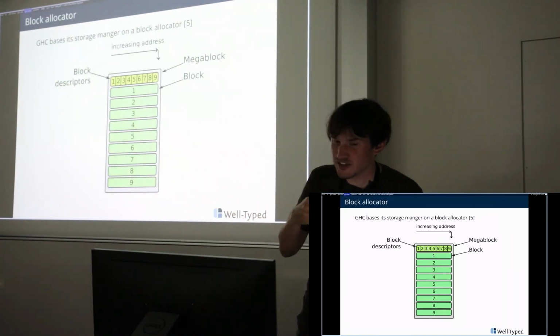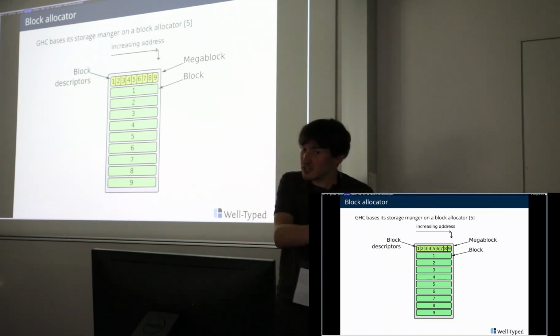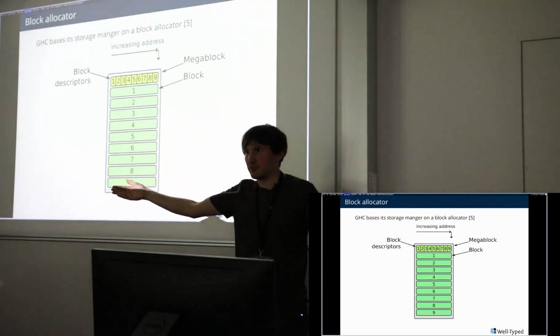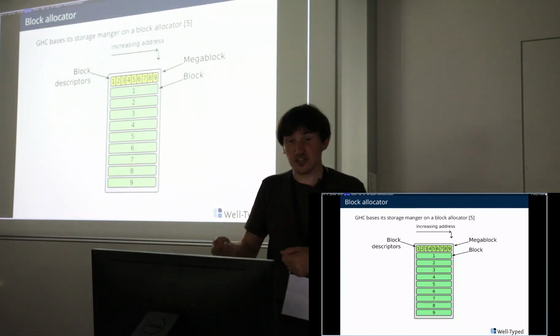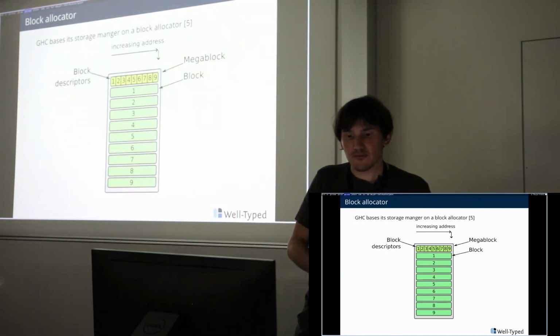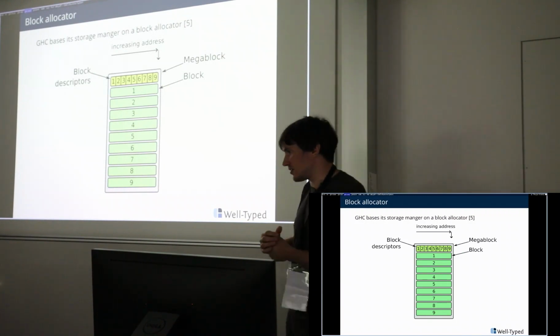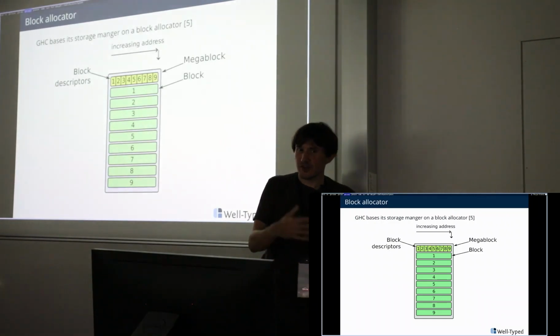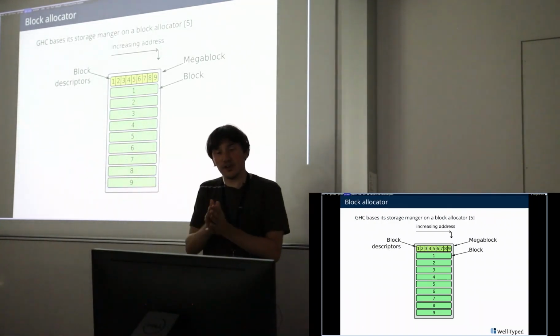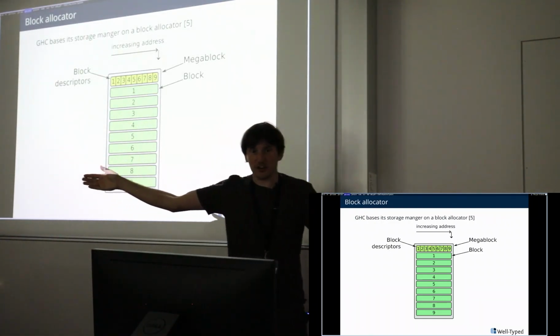We can just say, is the address between the beginning of the dynamic heap and the end of the dynamic heap? And that's how we can determine whether an address lives in the dynamic heap. So the mega block allocator uses virtual memory tricks to make that possible, to reserve a large block of memory.